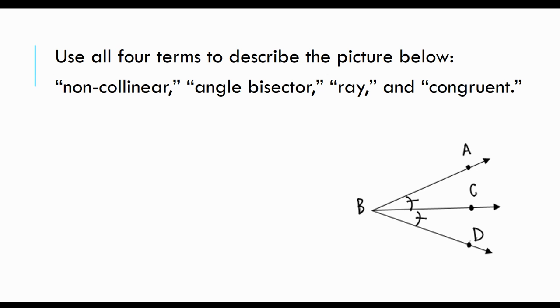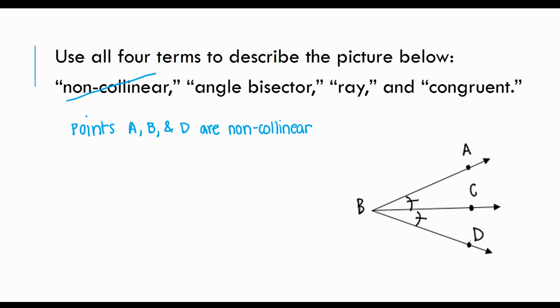Remember, non-collinear deals with points. They need to be points that are not on the same line. So looking at points that are not on the same line, I'm going to say that the points A, B, and D are non-collinear. Because notice that they are forming an angle. You cannot connect one nice straight line through all three of those points. So that takes care of that one.